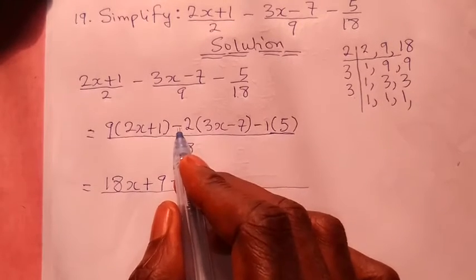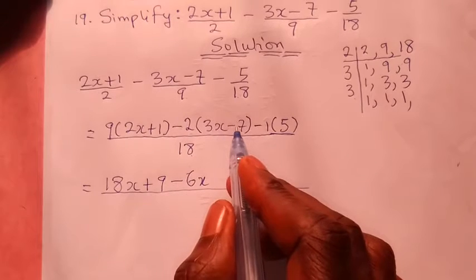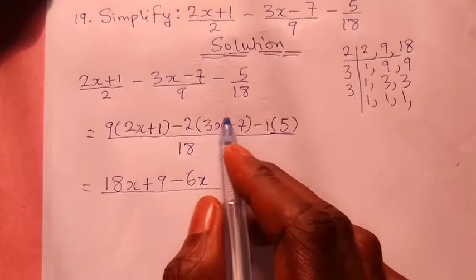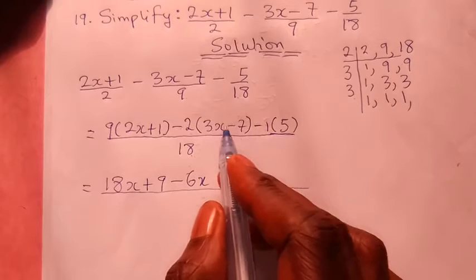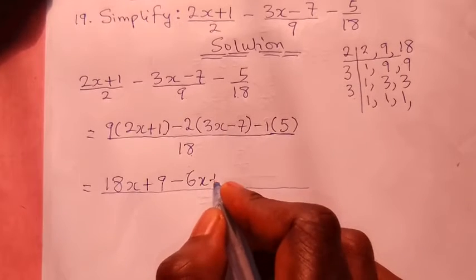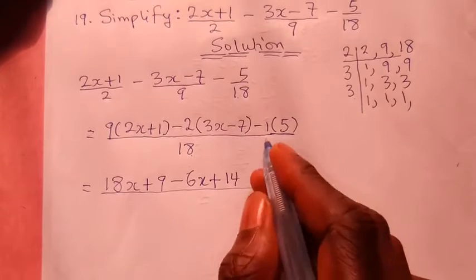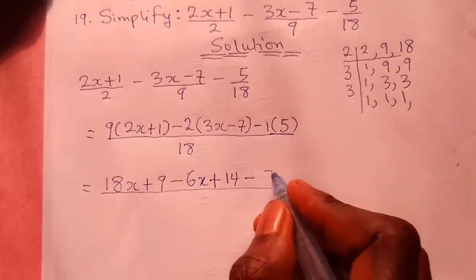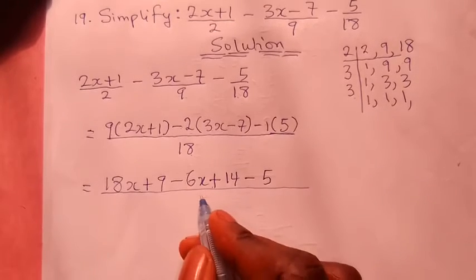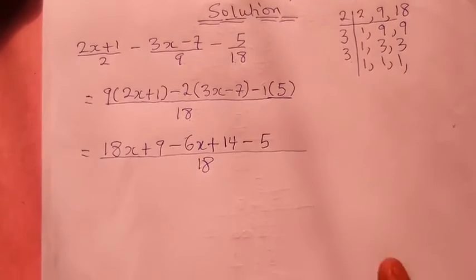Then take note of this: if the minus is distributed into the bracket, it will turn the signs in the bracket to their opposite. So minus times minus will turn to plus. Then 2 times 7 will give us 14. Then minus 1 times 5 will give us 5. Then the denominator still remains 18.